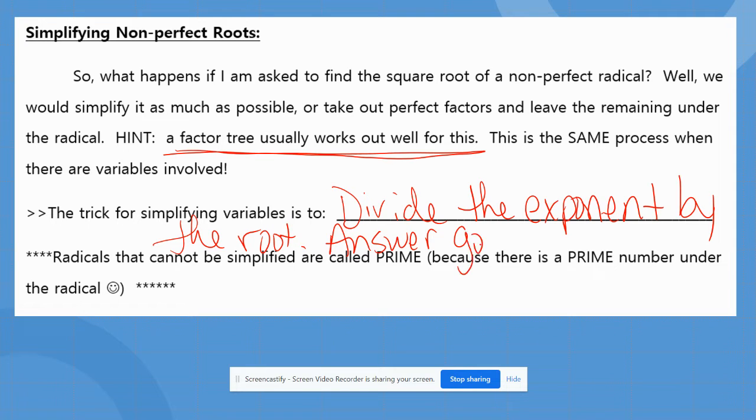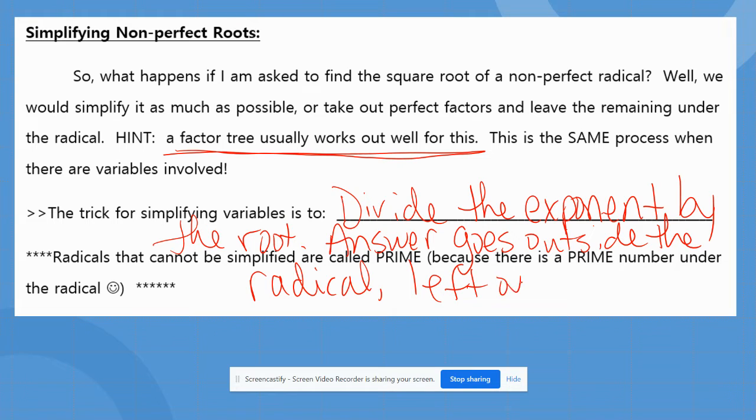The answer goes outside the radical. The leftovers are inside the radical. That will make a little more sense when we talk about it, but I will show you some alternative ways as well.